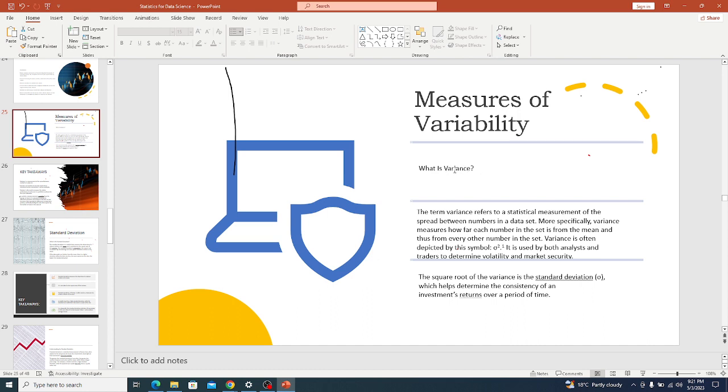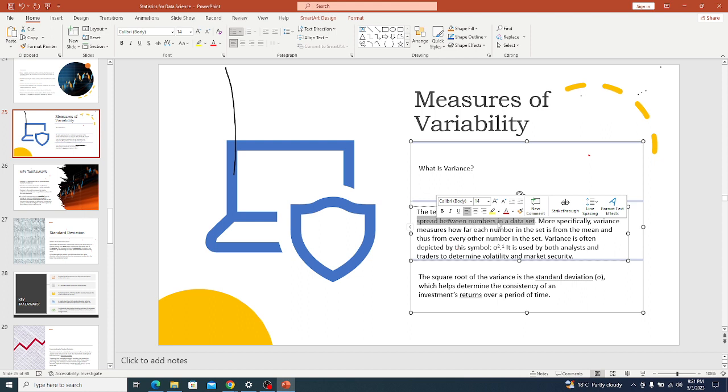So what is variance? The term variance refers to a statistical measurement of spread between the numbers in a data set. More specifically, variance measures how far each number in the set is from the mean.